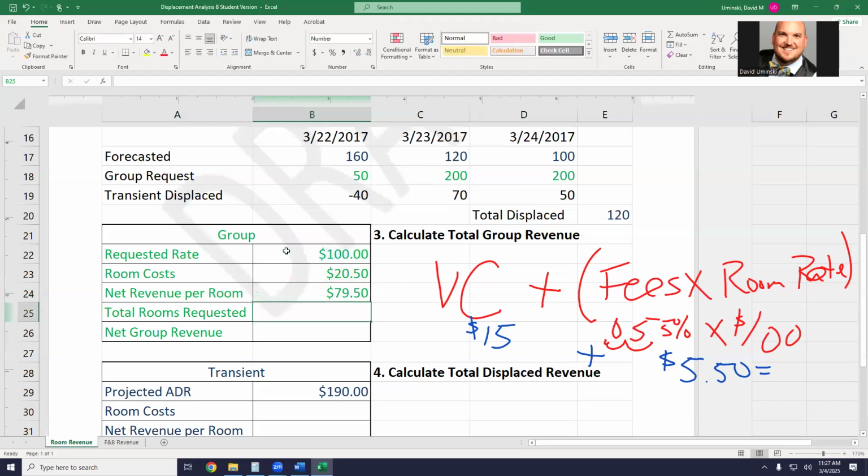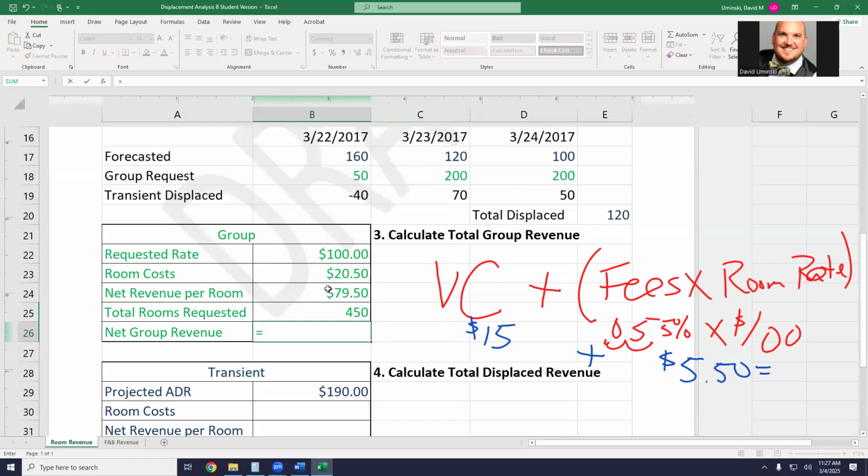$79.50. Okay. $79.50 is our net revenue per room. How many rooms did we request? From the very top, 450. 450 rooms we requested.